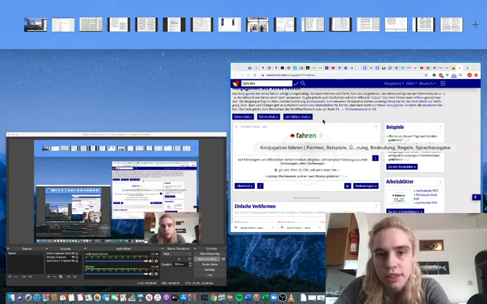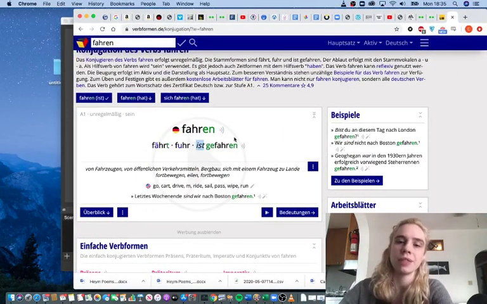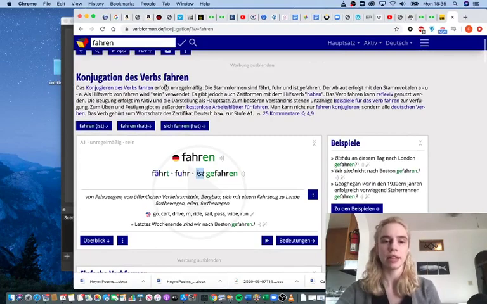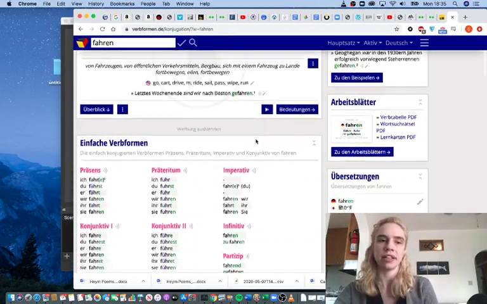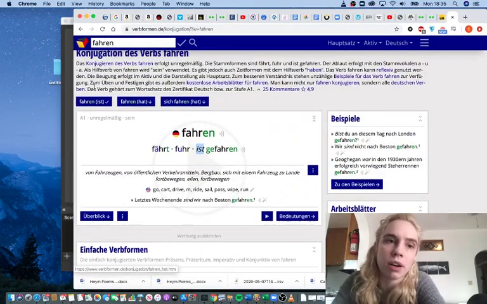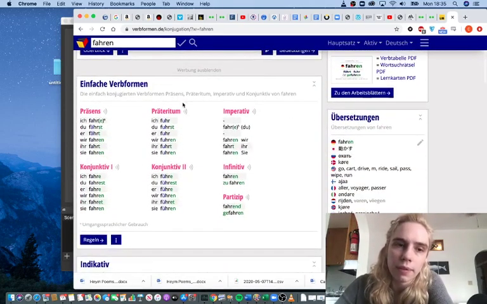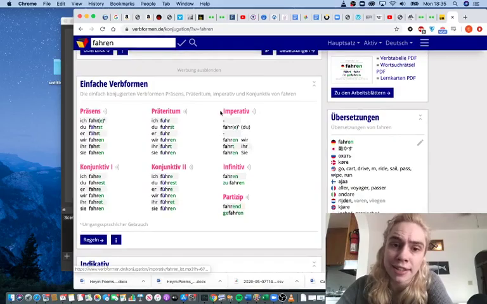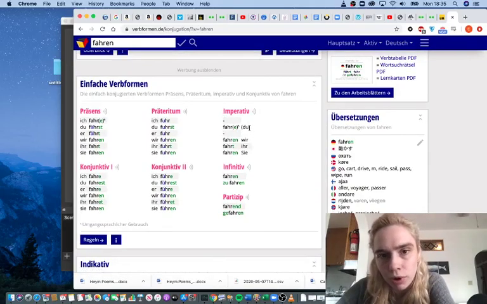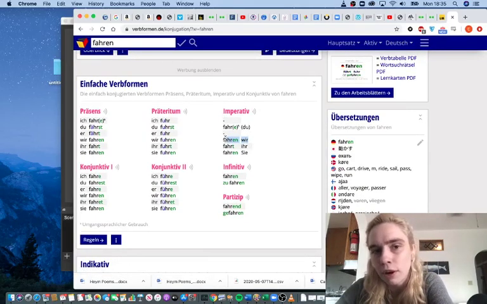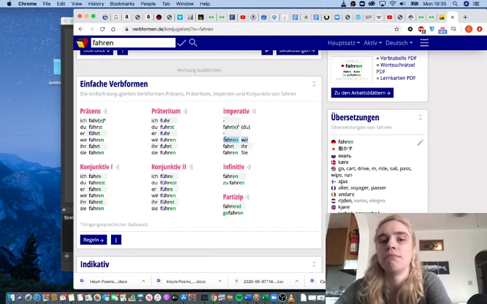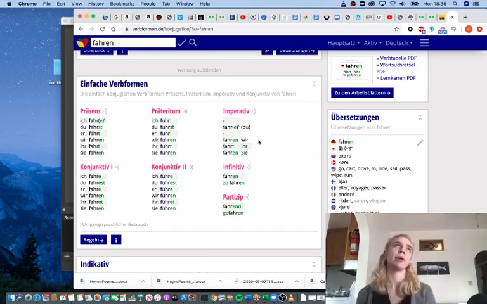I mentioned this website in the previous video, verbformen.de. You can also look at imperatives on here. So I looked up the word fahren on here. And if I scroll down to imperative, we have the du form. The wir form we're not going to use in Netzwerker 1, but that's kind of like saying vámonos in Spanish.